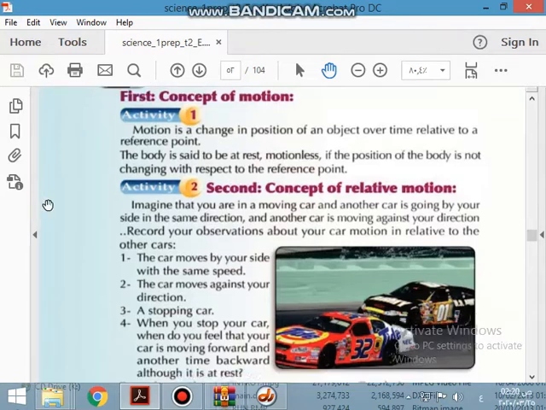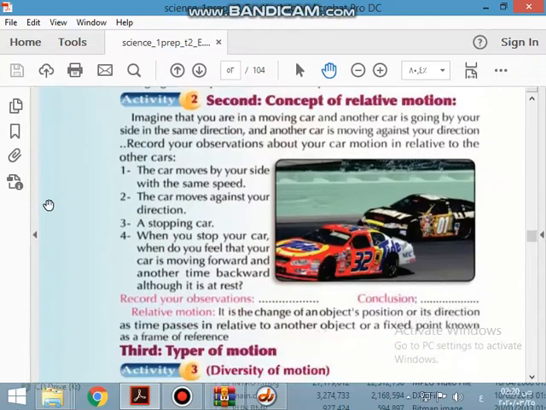To identify the concept of relative motion, we must discuss the following examples. Number 1. If your car moves beside another car with the same speed, what will you observe?